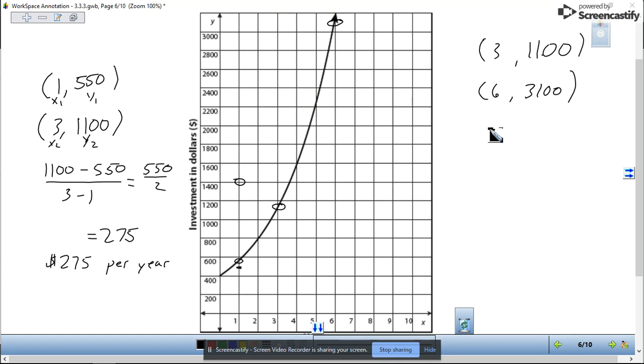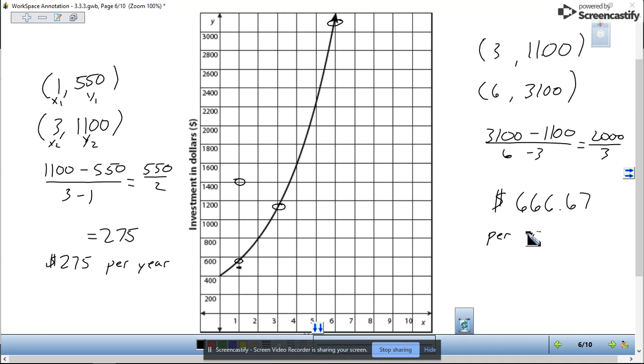So that's 3100 minus 1100 over 6 minus 3, which is a nice even 2000 divided by 3, which doesn't work out to such a neat whole number, but you get 666 repeating. So we'll just round that to $666.67, because again that 6 was repeating. We're talking about money, so that's dollars per year.